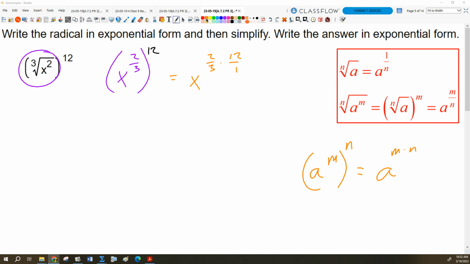If I do 2/3 times 12, what is that? It's 8. Clearly, I'm a step behind too. And you can do it two ways. If you just multiply straight across, you get 24/3, which is just 8, right? Okay, so x to the 8th. Good? All right. You guys got to get going on this assignment, get a little practice.